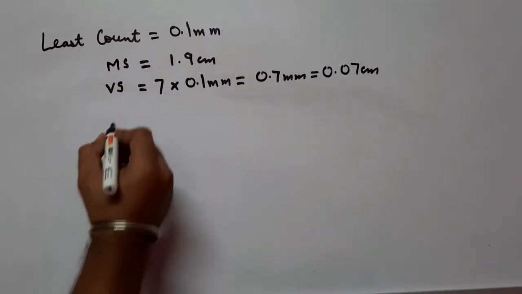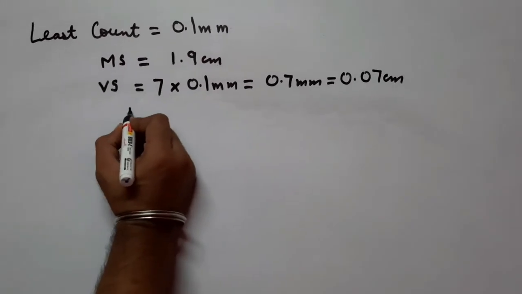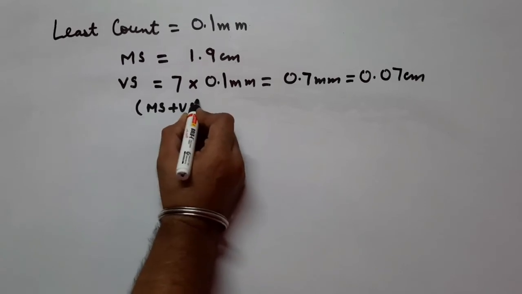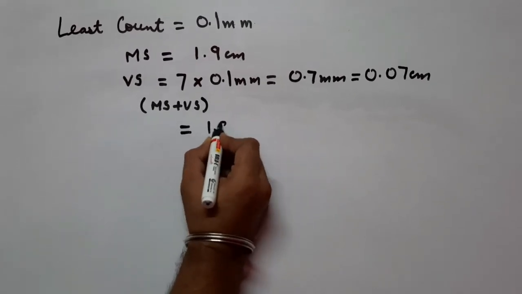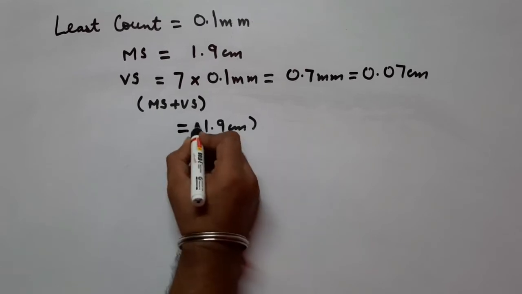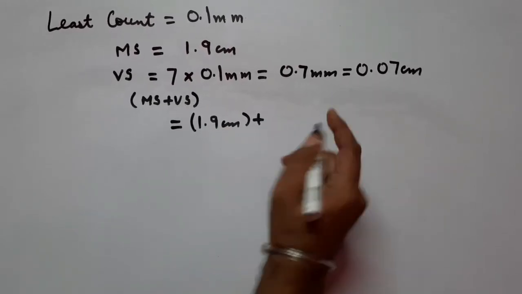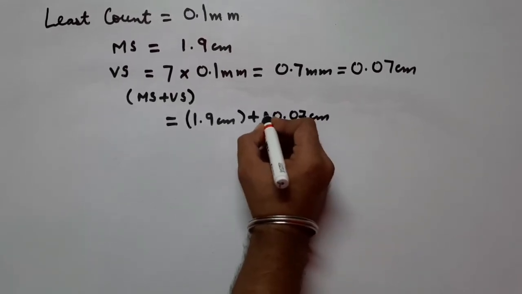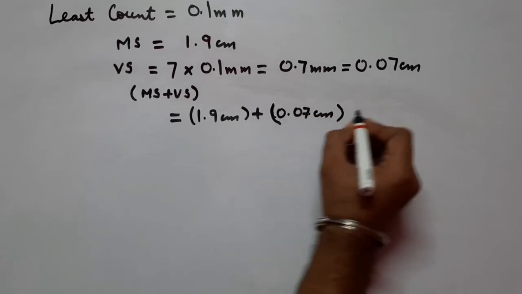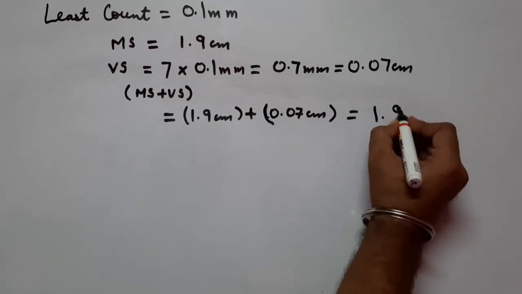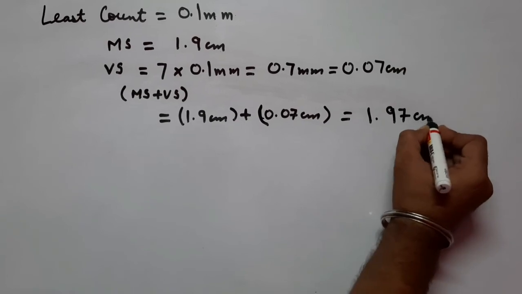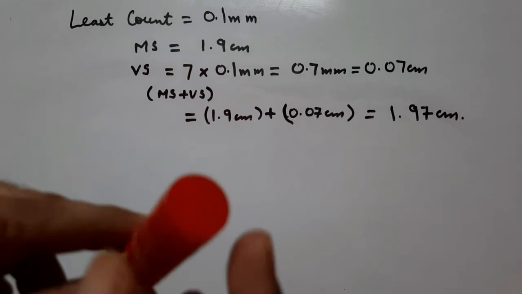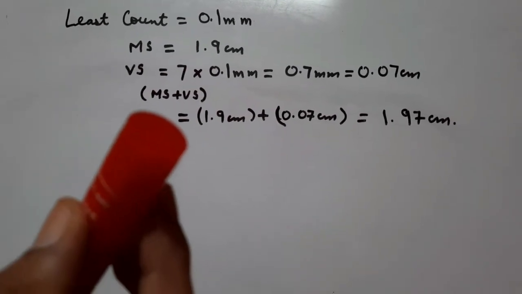Now adding main scale and vernier scale readings, it is equal to 1.9 centimeter plus 0.07 centimeter. Thus it comes out to be 1.97 centimeter. This is the diameter of this cylindrical object.